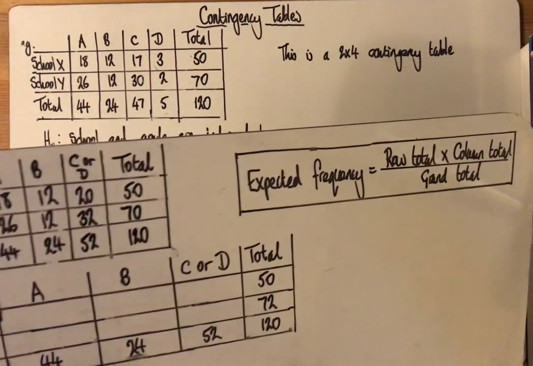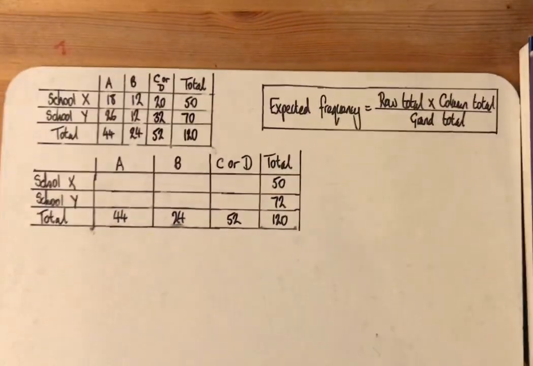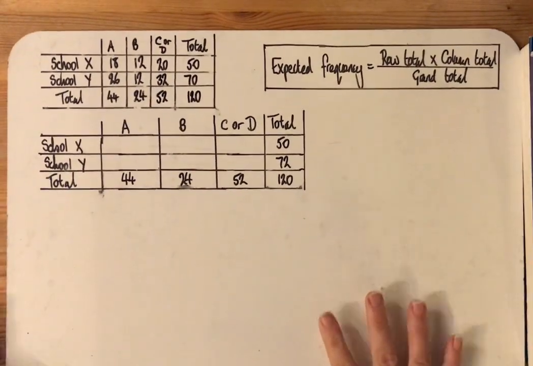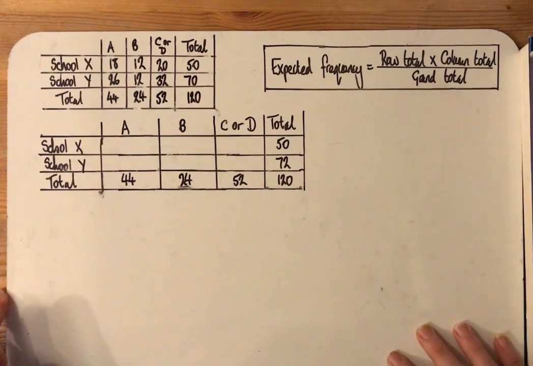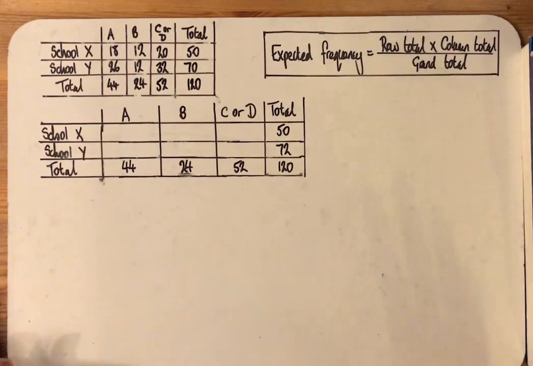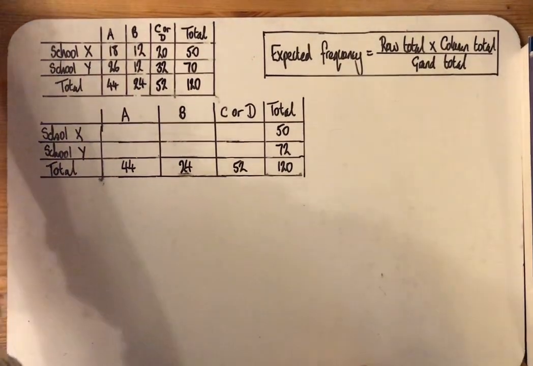Takes us to 120. So then to get a table of expected values, let's check that's lined up. We follow the same process.